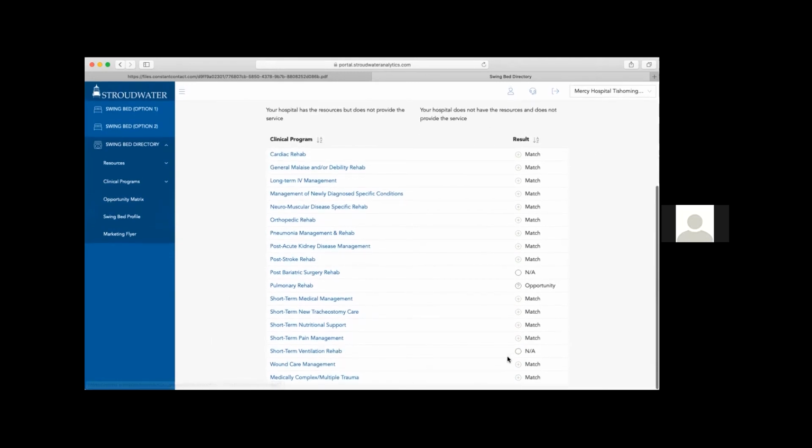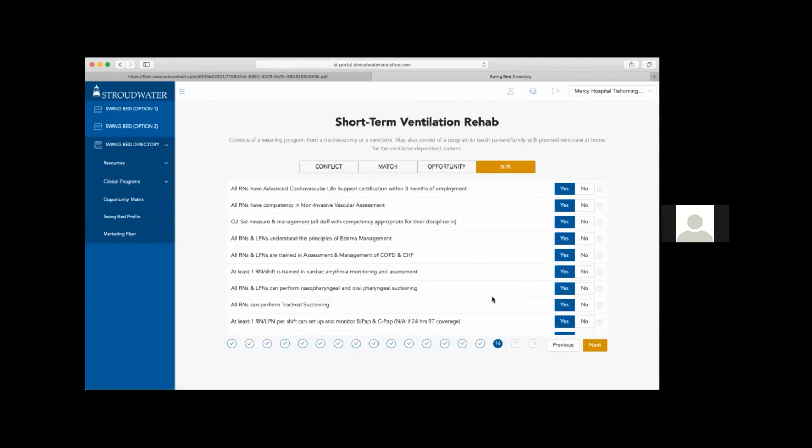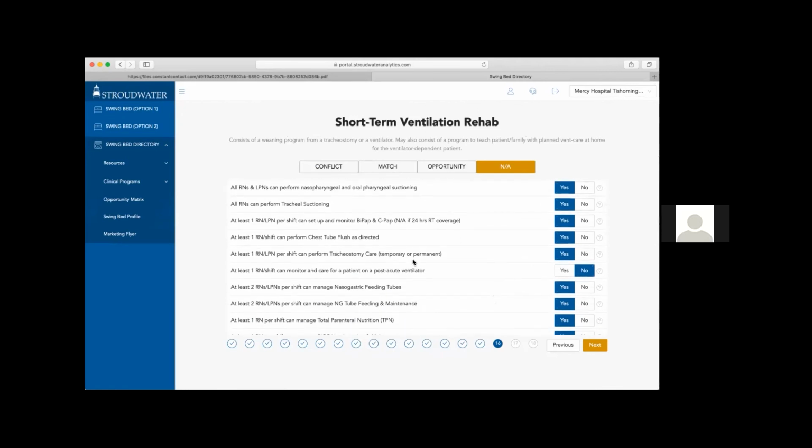And then again, I would highlight the other NA here, which is around short-term ventilation rehab. Similar to post-bariatric, it didn't meet all 100% of the resources to support that clinical program, and the hospital also indicated no, they did not provide short-term vent rehab.